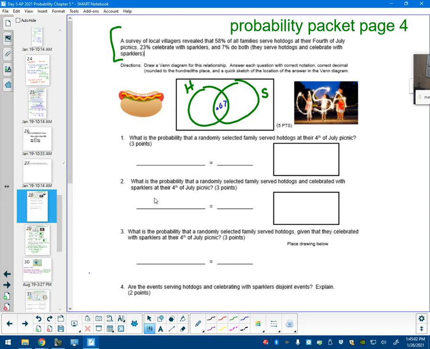All right. So now it says that 58% of the families serve hot dogs. That means the whole hot dog circle has to add up to 58%, but I already have 7% in there. So the hot dog crescent, as I call it, should be what? 0.51?